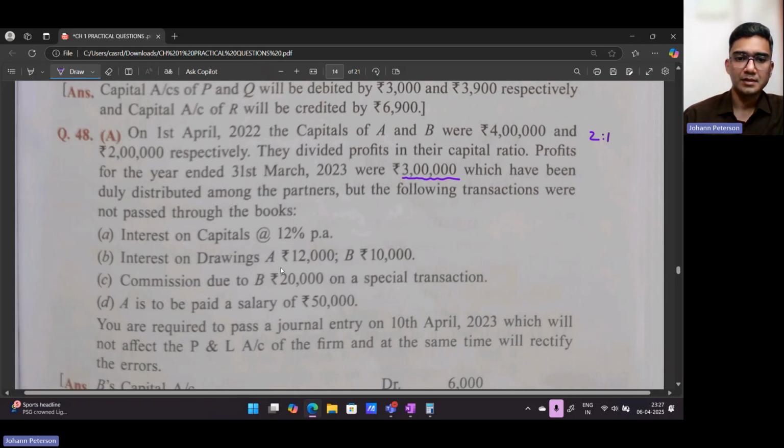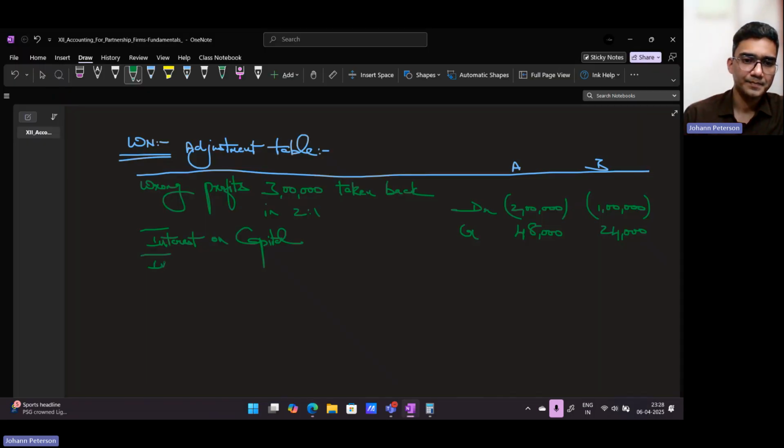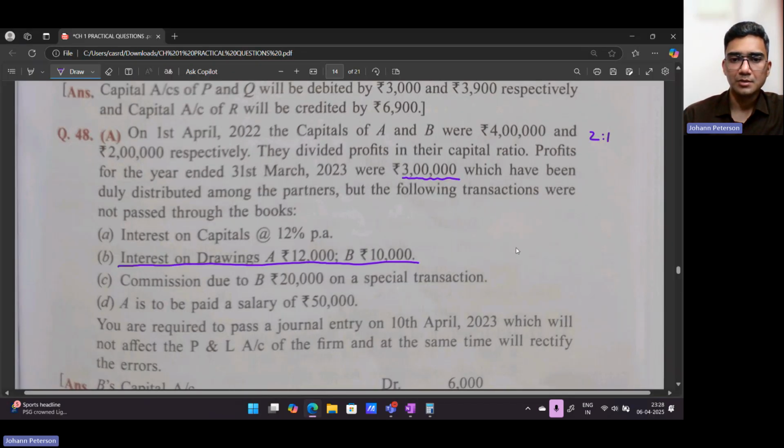Next is interest on drawings. And the drawings, A 12,000 and B 10,000. Have we been told the percentage? No. So this is directly given as the interest on the drawings. A is 12 and B is 10. So when you talk about interest on drawings, this will be a debit item. So minus amounts will be 12 and 10.